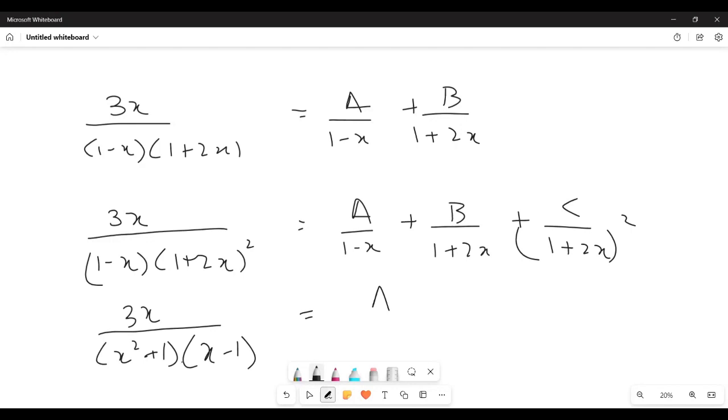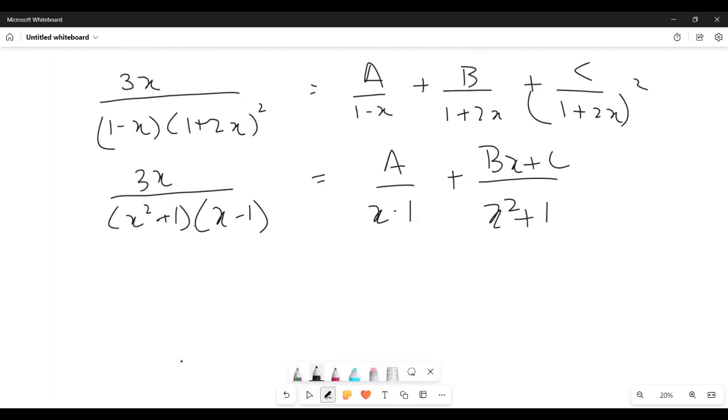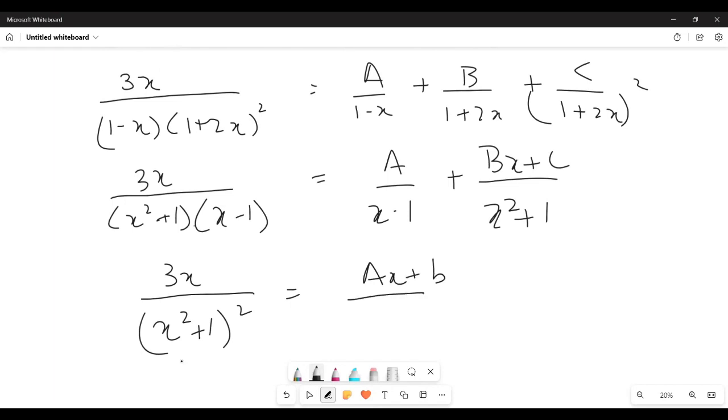So you will have a upon x minus 1, and for the quadratic term x square plus 1, you write bx plus c. और अगर लेट्स से कोई क्वेश्चन हो जिसमें क्वाड्रेटिक टर्म हो लेकिन रिपीट भी हो रही हो, so then it's going to be ax plus b upon x square plus 1 plus cx plus d upon (x square plus 1) whole square.